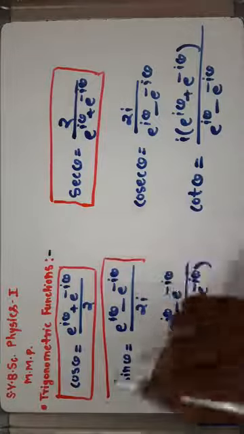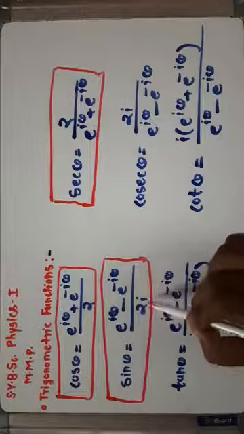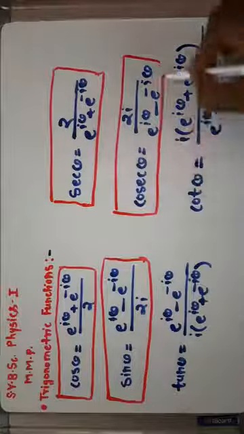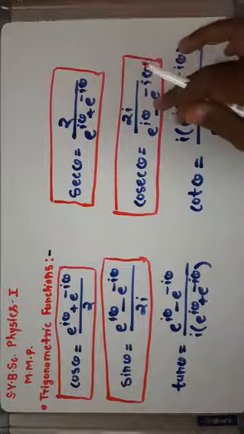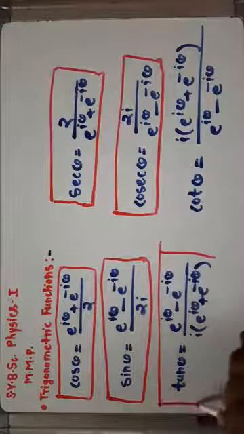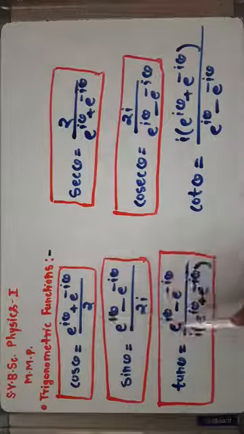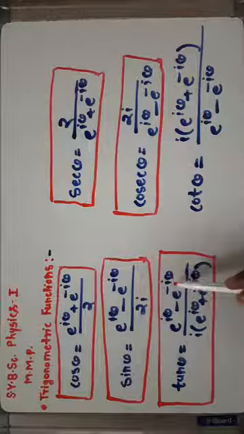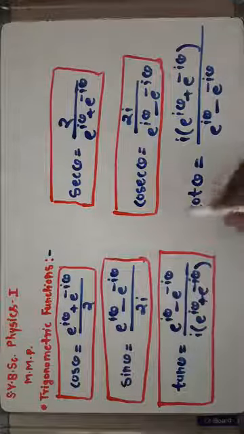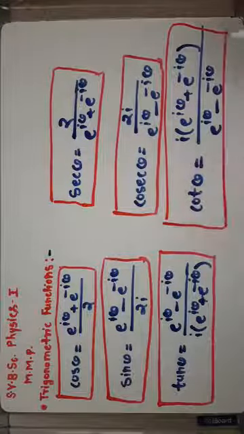Then sin theta is equal to e raised to i theta minus e raised to minus i theta divided by 2i, and its inverse, cosec theta, is equal to 2i divided by e raised to i theta minus e raised to minus i theta. Then tan theta is equal to sin theta divided by cos theta, e raised to i theta minus e raised to minus i theta divided by i in bracket e raised to i theta plus e raised to minus i theta. Then cot theta is equal to the inverse of tan theta.